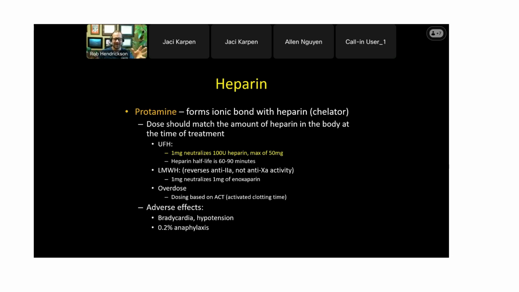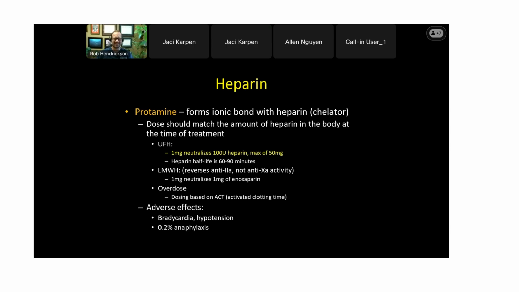I would not rely on my memory to write an order for these, because I can probably count the number of times I've used protamine on a hand in my life. When you're giving a medication or an antidote that has potential toxicity and you rarely use it, just look it up. But for the test, you can't do that.